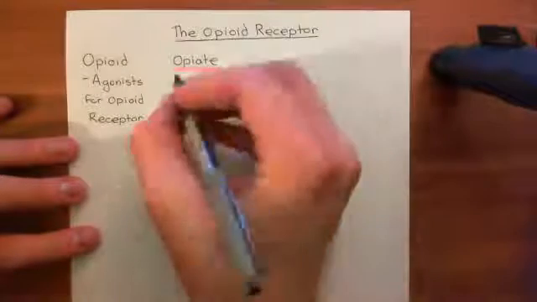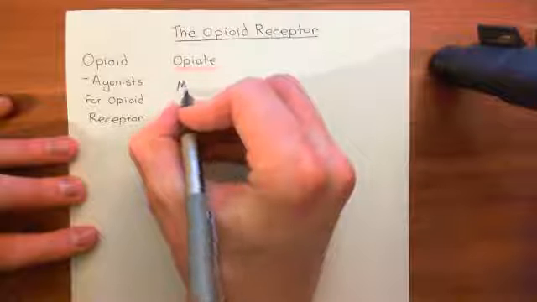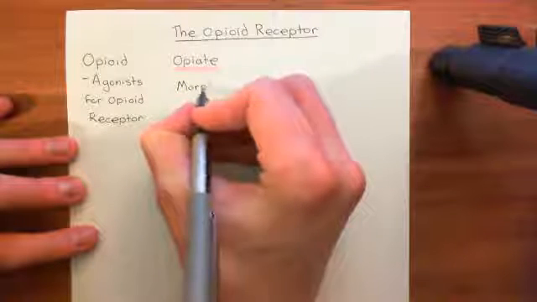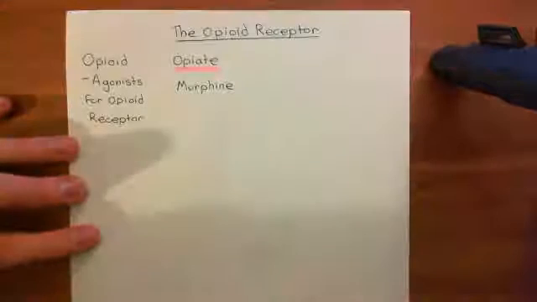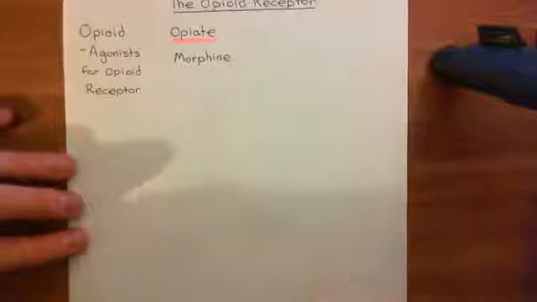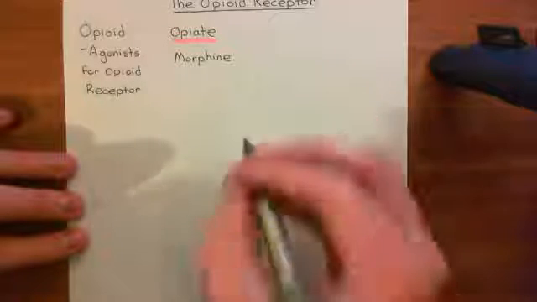Let's now talk about the leading example of an opiate, the drug morphine, and look at its chemical structure so that we can get some appreciation of what opiates look like. We'll then see how the other opiate, heroin, has a similar structure to morphine.